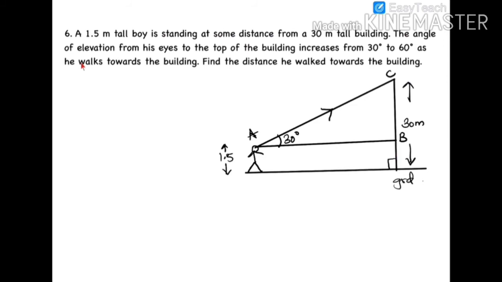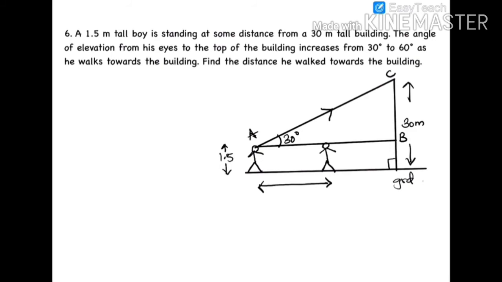Now as this boy walks towards the building, the angle of elevation changes to 60 degrees. So let's say after walking a certain distance, this boy is standing over here. So the distance that he has walked is this.